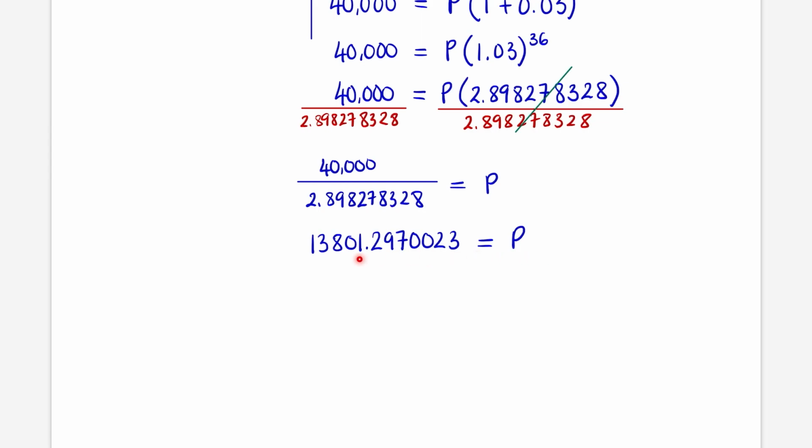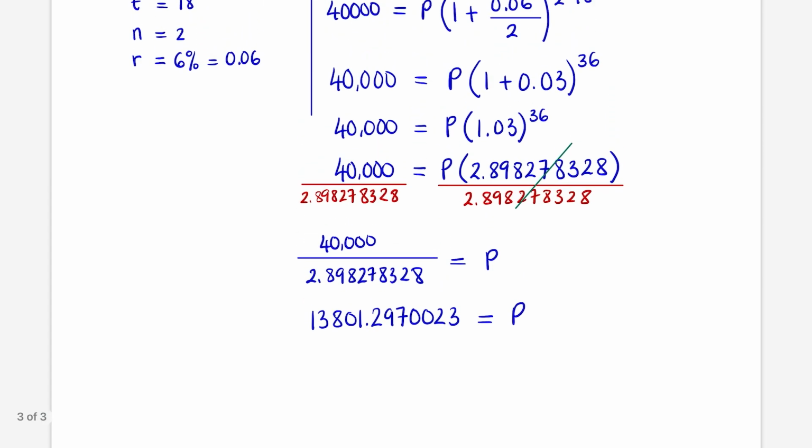So this is my answer here. Notice that I don't have any other calculation following this step. That means this is my last step already. That means I'm allowed to round this number. Again, do not round the number up here because you still have more calculations to go. Only round it in the very last step.